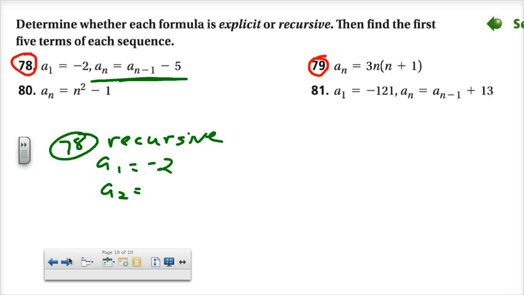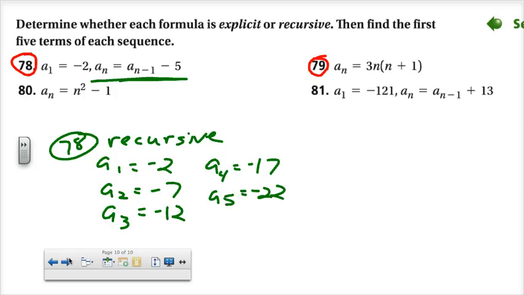So I need to subtract 5 from -2, and then subtract 5 from -7, and then subtract 5 from -12, and finally subtract 5 from -17. And there it is. So again, we're looking for that previous term notation. That's what makes it recursive, and then we just use the rule and think our way through it.